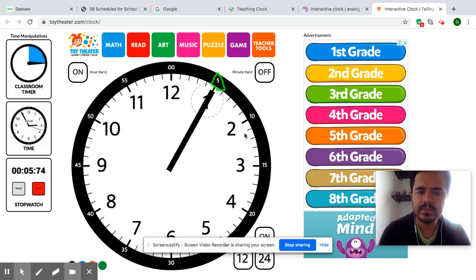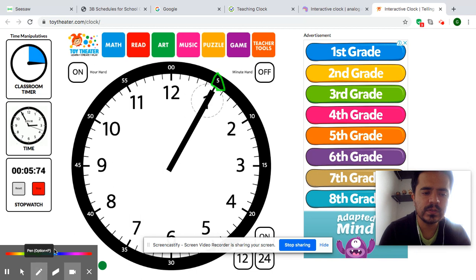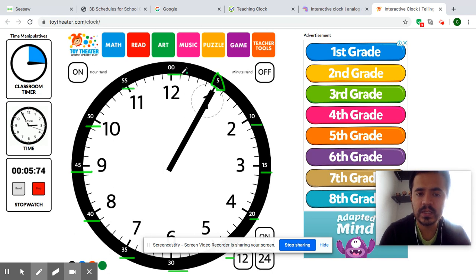So let's do this better. 5, 10, 15, 20, 25, 30, 35, 40, 45, 50, 55, 60. Sometimes it shows up as 60, sometimes it shows up as 0. It doesn't matter.